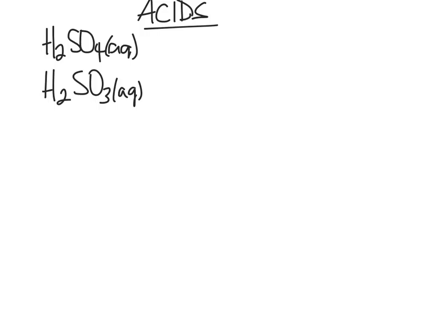Here we go. When you have acids that come from polyatomic ions, you use the polyatomic ion to tell you the name of the acid. So if you have the ate polyatomic ion, it's an ic acid.